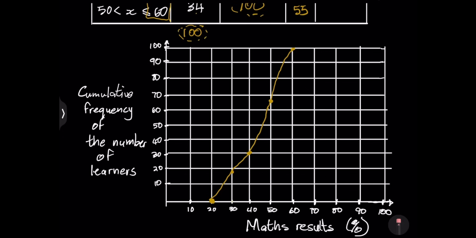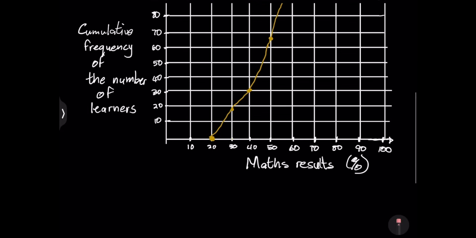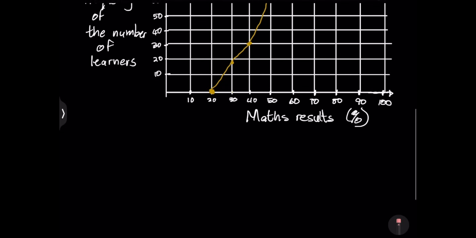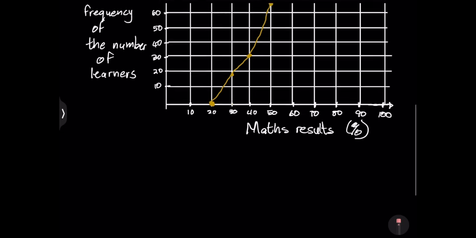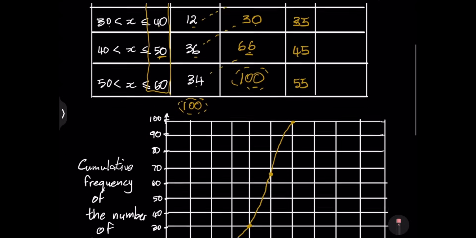Now, there's a couple of things I would like us to do. First of all, I want us to find the 5-number summary. We're going to find quartile 1, quartile 2, and quartile 3. The minimum value in our cumulative frequency would be 18.